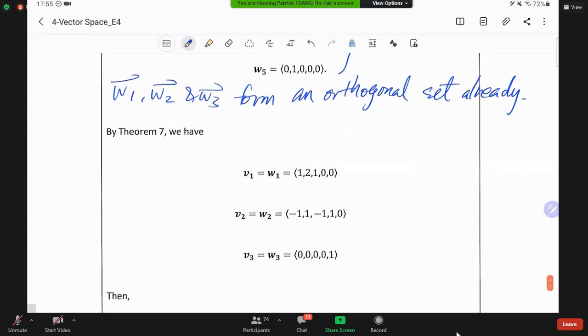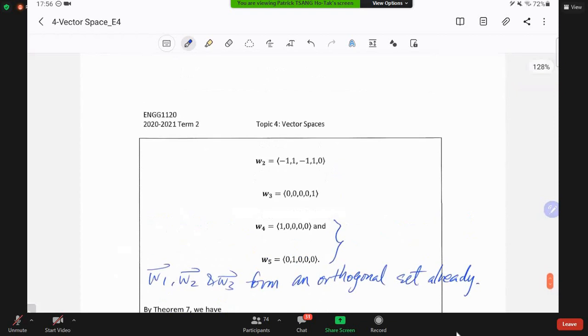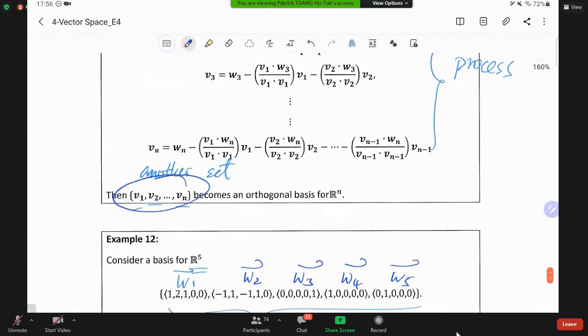So I simply assume V1, V2, V3. Do remember, V1, V2, up to Vn denote the vectors in the final orthogonal basis. I hope you can follow the use of notation as in Example 7. You can see V1, V2 until the last one, Vn.